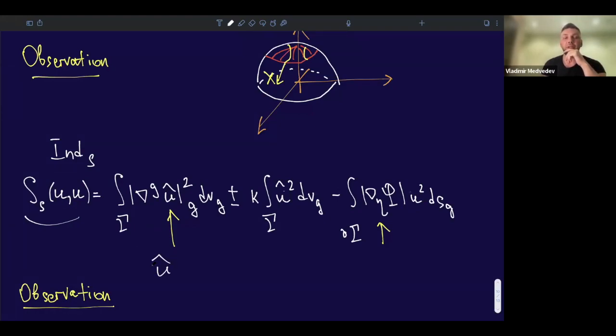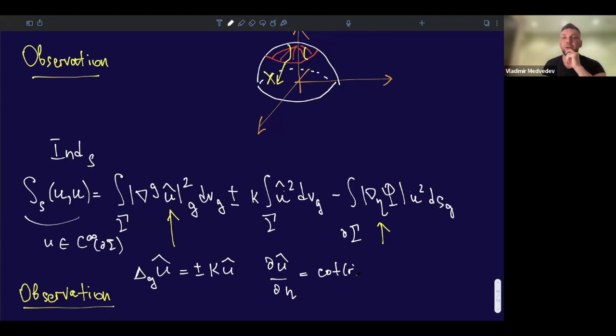U hat here is the continuation of u. U lives, by the way, on the boundary. We can suppose that it is smooth. And it satisfies plus minus k, plus for the spherical case and minus for the hyperbolic case. And du hat over d eta equals cotangent of r for the spherical case and hyperbolic cotangent of r in the hyperbolic case.